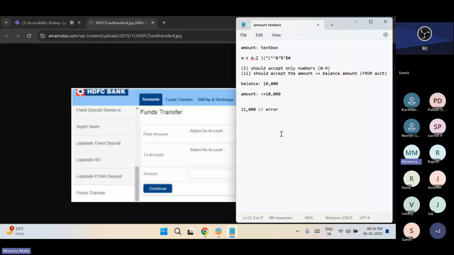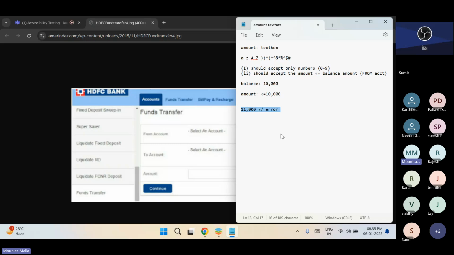Here, the problem is the application allowed you to enter an amount which is incorrect. And when you clicked on the transfer button, the application threw an error, meaning the application is allowing you to make a mistake and then correcting you. Correcting the user is okay, but the point is, why is the application still allowing the user to make a mistake? That is not how the application should be designed.